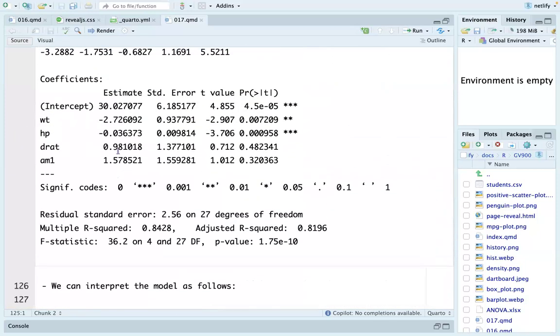And we can see that these two variables are not significant. So although this is a positive effect, it's not significant.